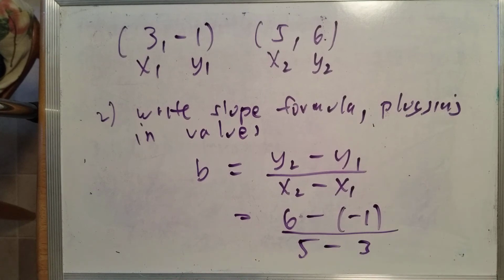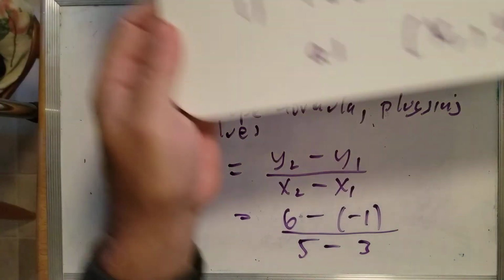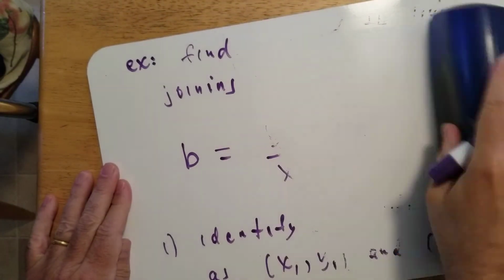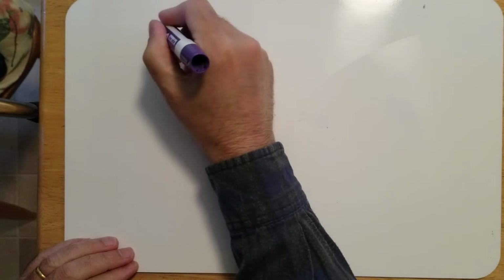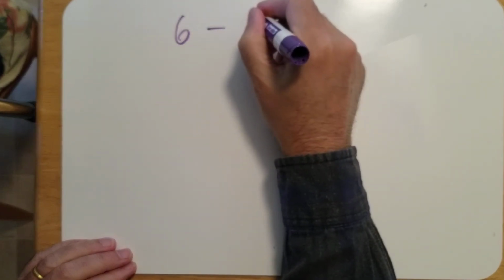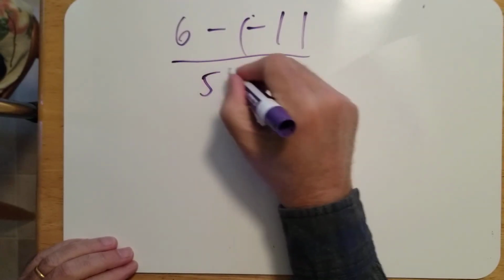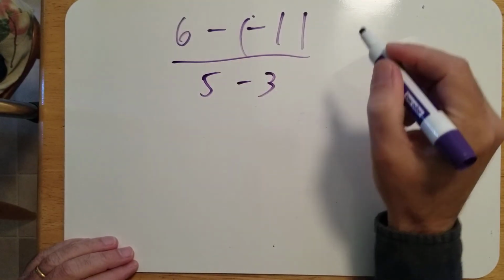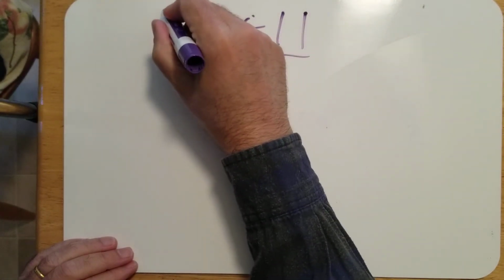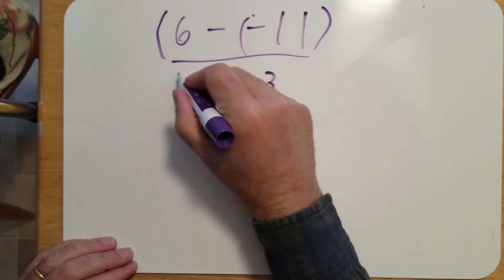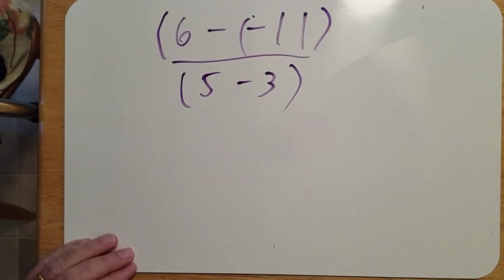Now you can mess around with this, but I'm just going to enter this directly into the calculator without trying to figure it out separately. So I have 6 minus a negative 1 divided by 5 minus 3. And as you know, on the calculator, I'm going to put a parentheses around the numerator, a parentheses around the denominator.